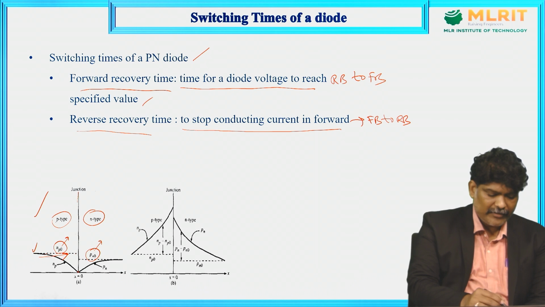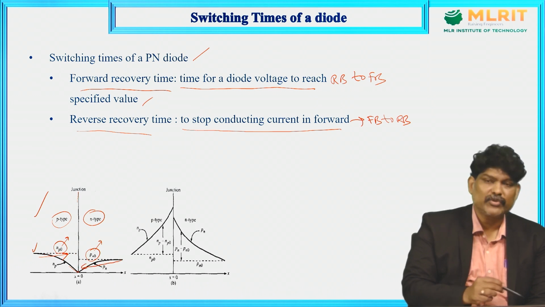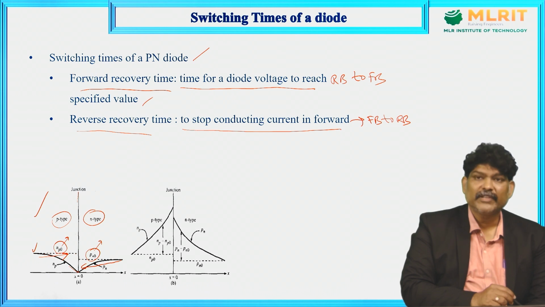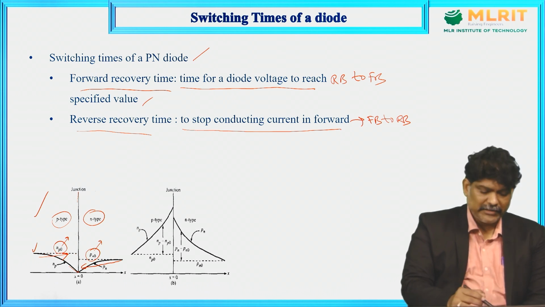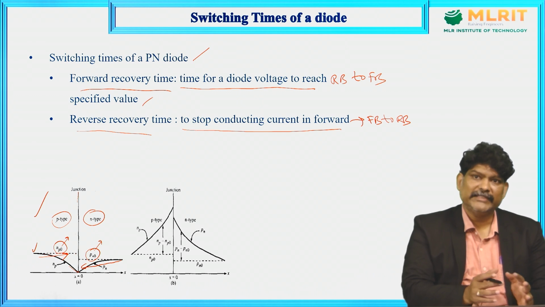So it gradually decreases like this. Similarly, on the p side also, the carrier concentration of the holes on the n side decreases as it reaches towards the junction. Okay. So that means there is some time required to settle down.